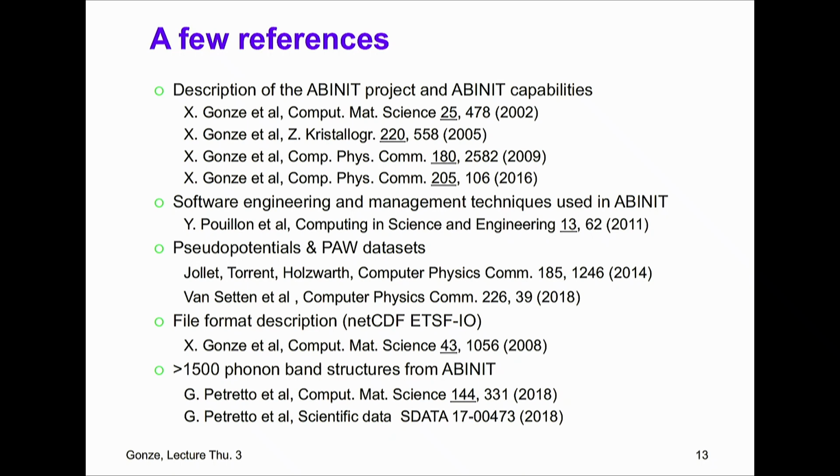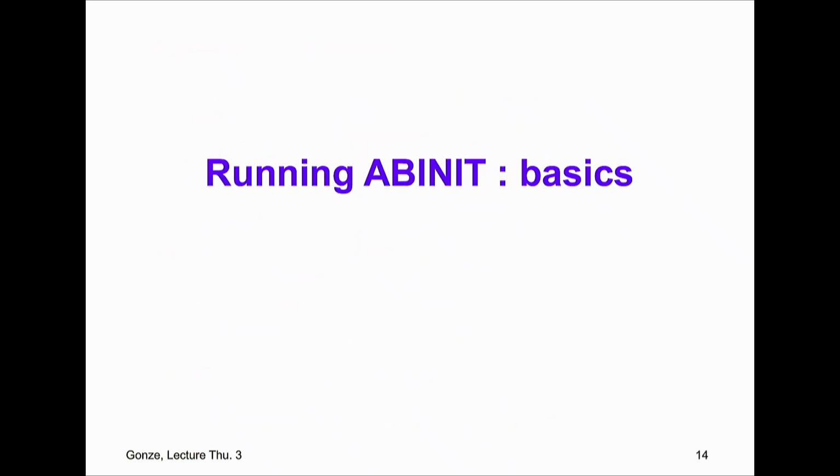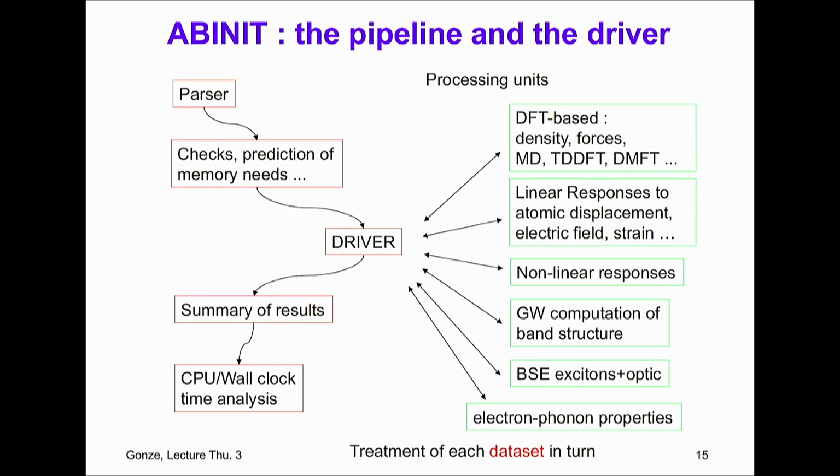Okay, so running ABINIT, some basics. This is a mental model of what ABINIT is, I would say. There is a parser of an input file that immediately is followed by some checks, prediction of memory needs, etc., and then passes the information to a driver.